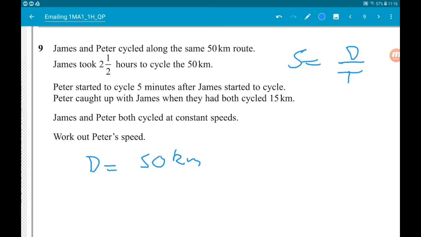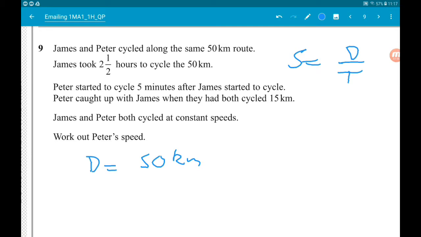We're told that James took 2.5 hours to cycle the 50-kilometre route. Peter started to cycle 5 minutes after James started to cycle. Peter caught up James when they had both cycled 15 kilometres. James and Peter both cycled at constant speeds. Work out Peter's speed.